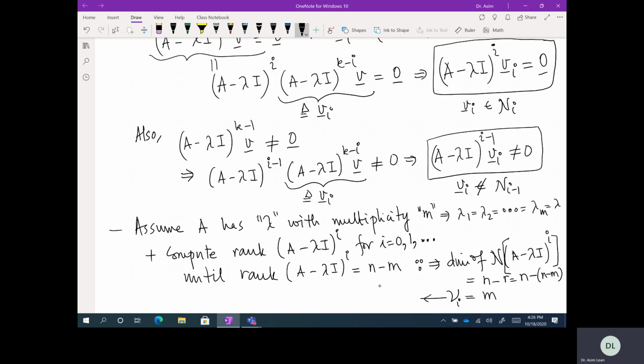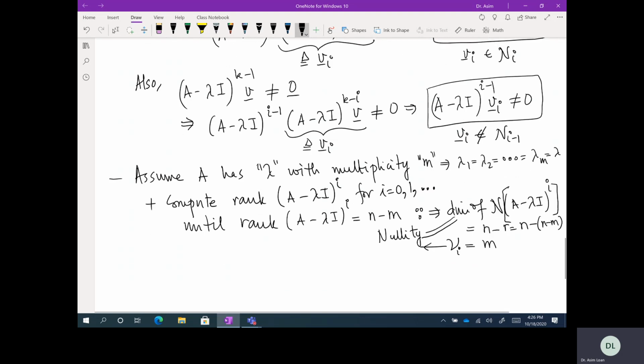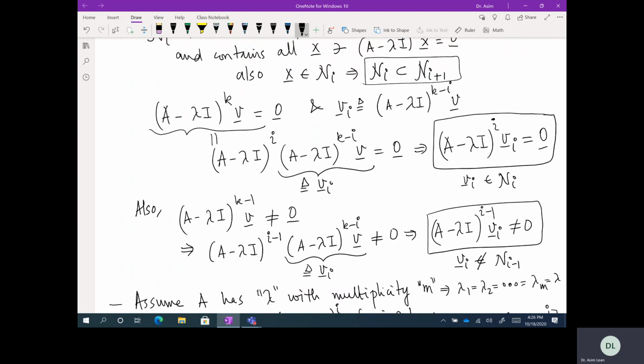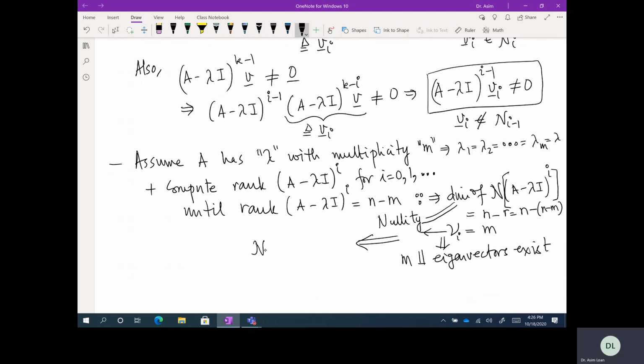So nullity is the dimension of the null space, and when the dimension of the null space is m, you stop. Why? Because this implies m independent eigenvectors exist. This also implies the null space of 0 is a subset of the null space of 1, which is a subset of the next, and so forth.